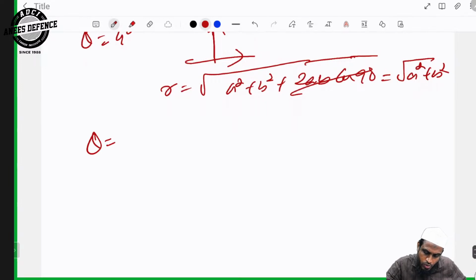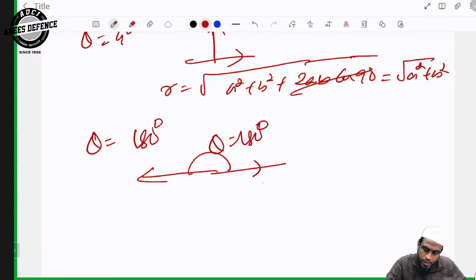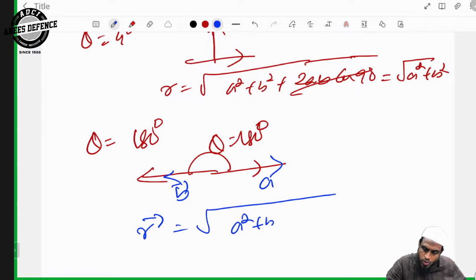If theta equal to 180 degree, and this is A and this is B, then R will be equal to root of A square plus B square plus 2AB cos 180 degree.